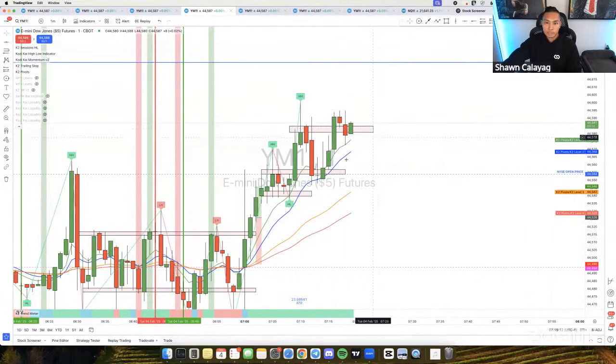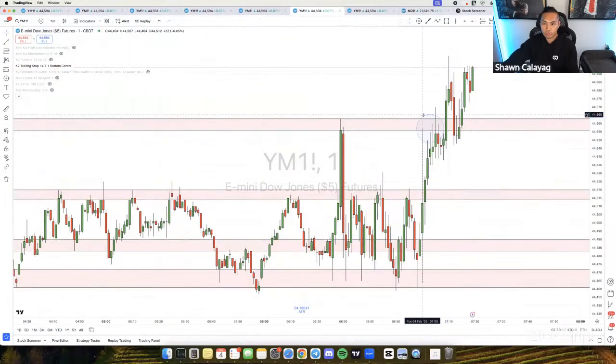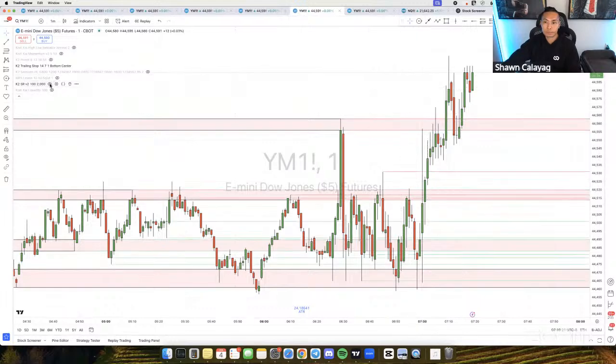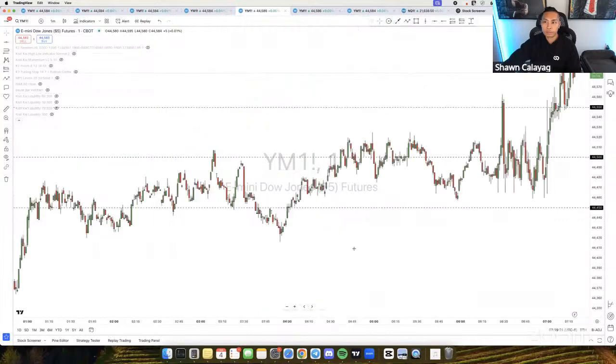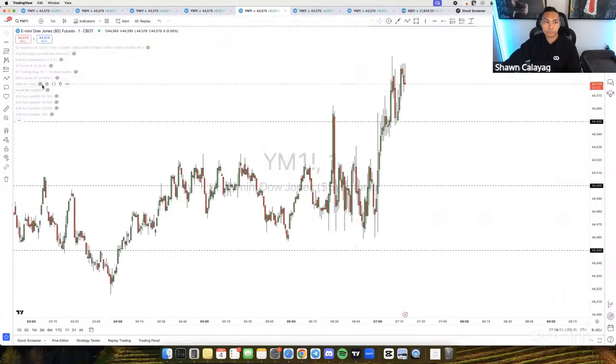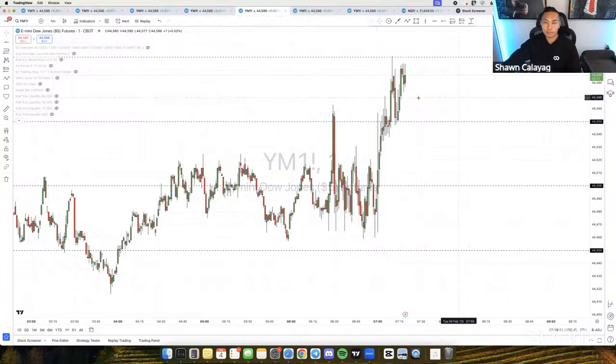All right, so price is kind of just sitting here. There's the SR zones. Let me see if there's more zones up here to mark up. Not yet. Here is the clean chart. So the range here just got moved up a little higher.